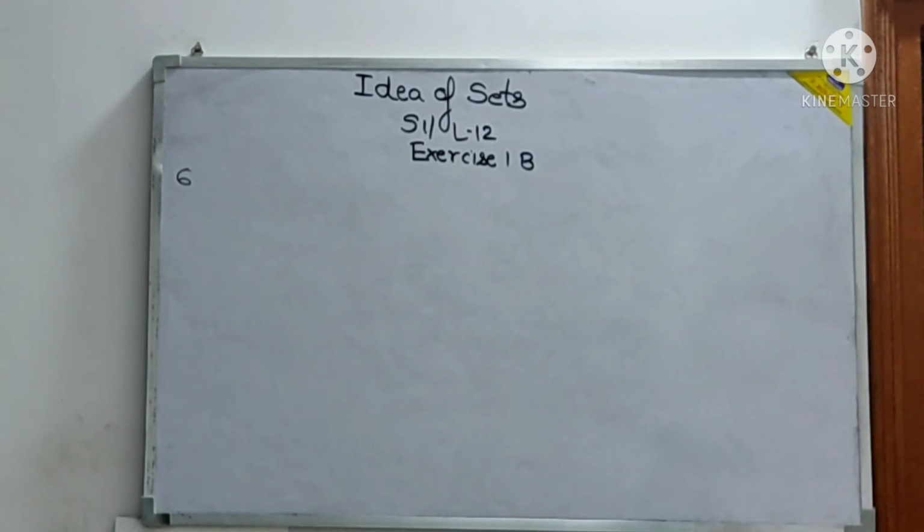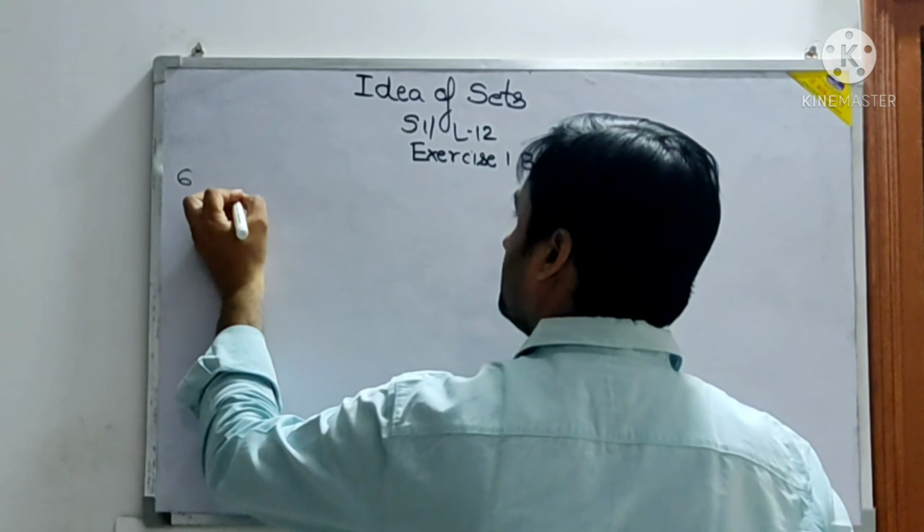Then sixth part, but in sixth question only. P is 4, 5, 6, 7, 8, 9. Q is 2, 4, 3. R is 4, 5, 8. Then which of the following statements are true? Let us take the first part. First part, what is P?